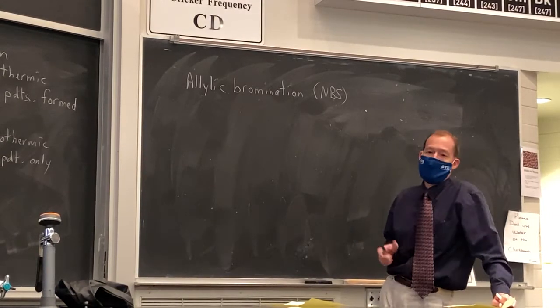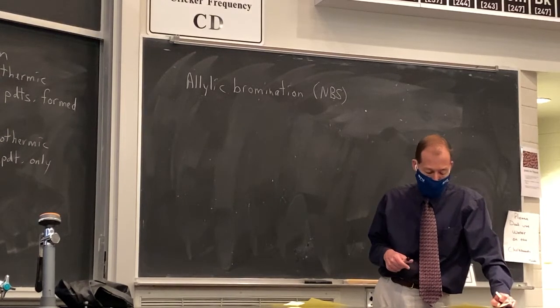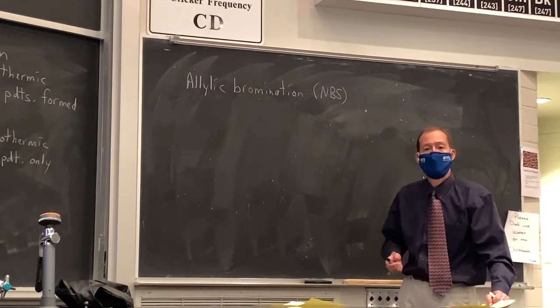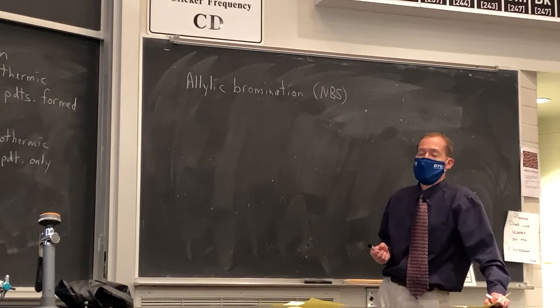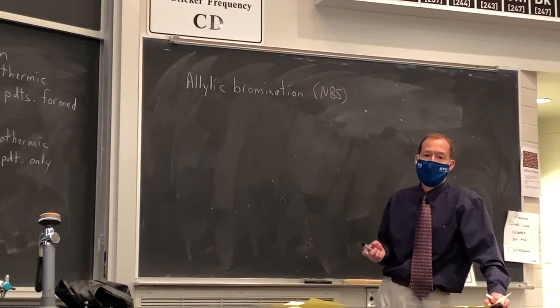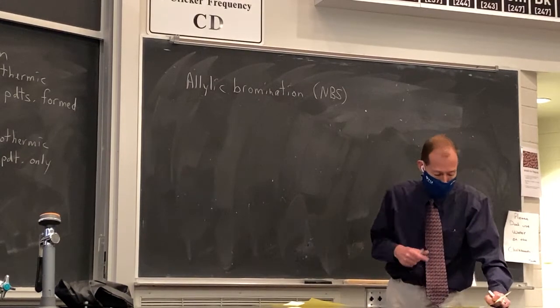And that allows us to use N-bromosuccinimide to perform an allylic bromination reaction. We have a low concentration of bromine delivered by that reagent. We have either one or two possible products, depending on whether the resonance structures of our allylic radical are equivalent or not.